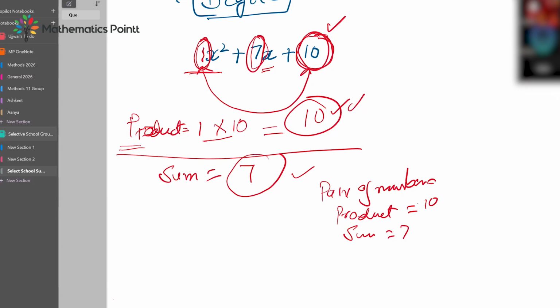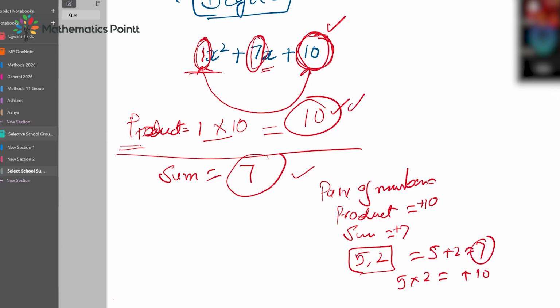Mind you, this is positive 10 and positive 7. 5 and 2. 5 and 2. 5 plus 2 makes 7, and 5 times 2 makes a positive 10.